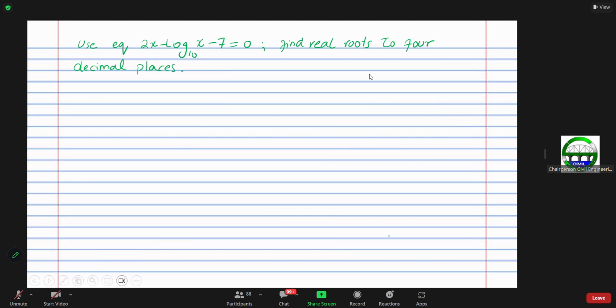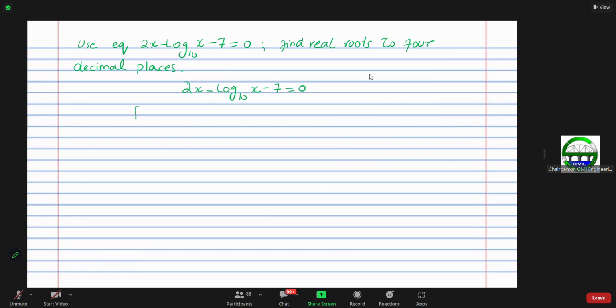Okay, so now I want everyone to please try to solve it by yourself as well. I'm just going to write the equation 2x minus log 10 x minus 7 is equal to 0. So please tell me the values first.